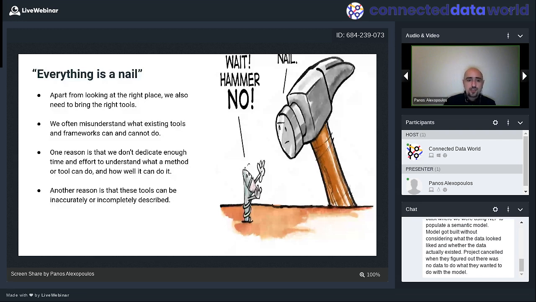Of course, in some cases, it's also the fault of the tools themselves. Many of the tools, especially commercial tools, market themselves as we can do everything, or at least we can do most of the things. But this is obviously often not the case, and I will show a concrete example in a few slides.